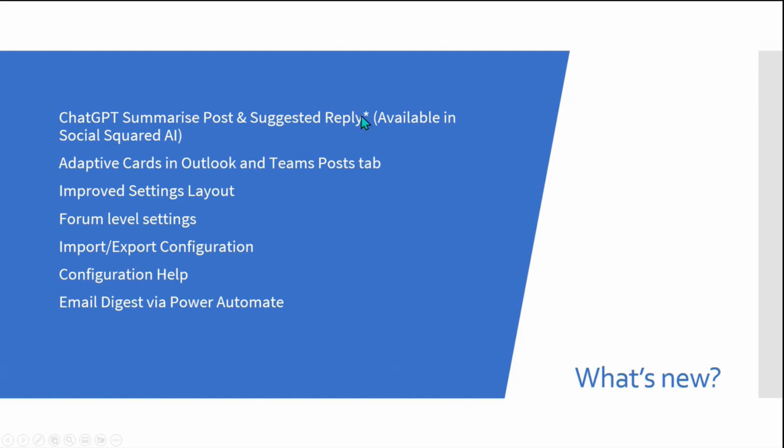Now, there may be concerns about implementing that in your organization. So we're going to have two separate instances of Social Squared. There's going to be the standard one that you perhaps know already, which is going to have everything beneath this point down. But there's also going to be Social Squared AI, which includes the ChatGPT functionality.